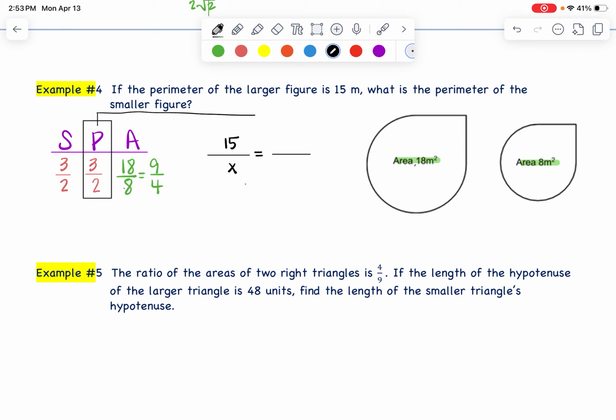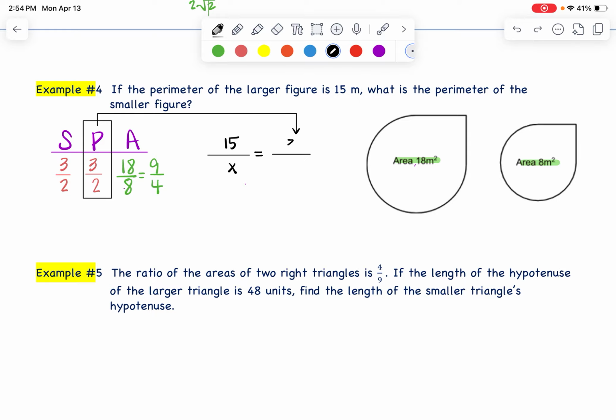Whatever you're talking about in the proportion that you're setting up, you have to use that ratio dimension. So even though it gave me the areas of 18 to 8, I can't put area ratios in a perimeter problem, right? They don't match. You have to use the same dimension when you're setting up a proportion. If you try to mix and match perimeters and areas, it's not going to go well, because you're talking about a problem in totally different dimensions.